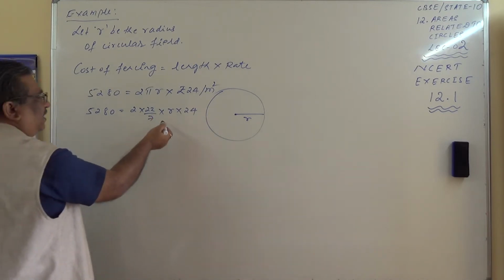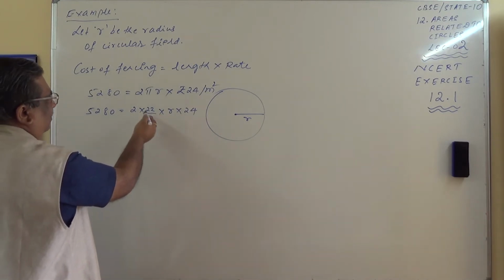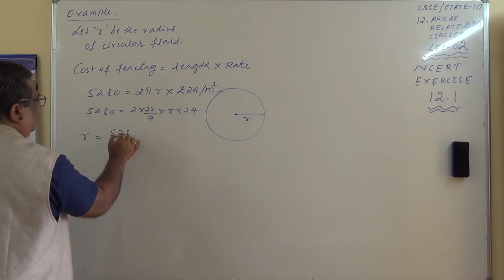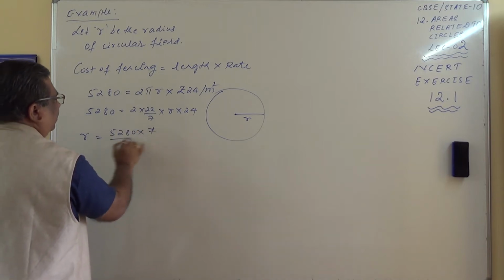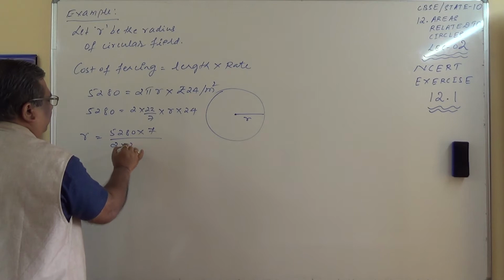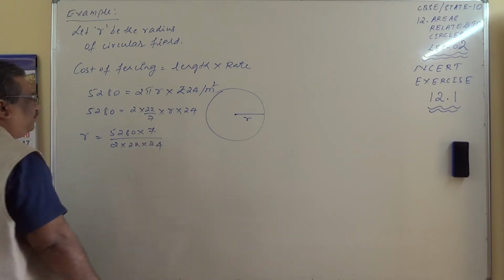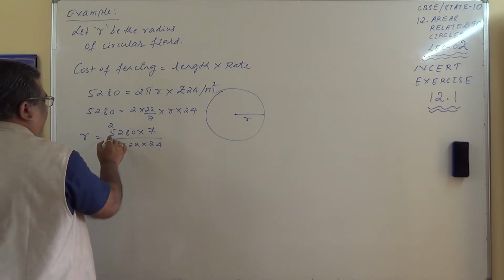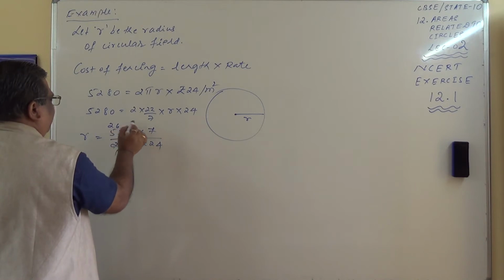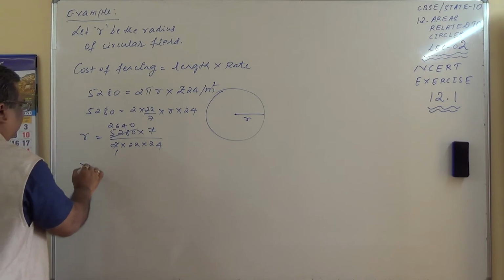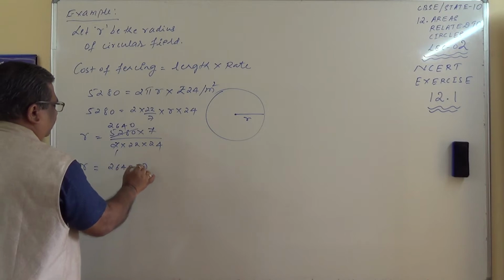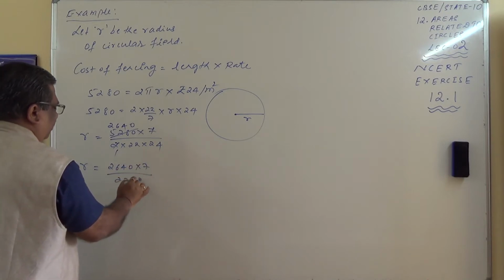Is there any possibility of simplification? No. Directly we will take r equals 5280 into 7, the whole divided by 2 into 22 into 24. Let's work this out. Half of 5280 is 2640, so r is equal to 2640 into 7 divided by 22 into 24.